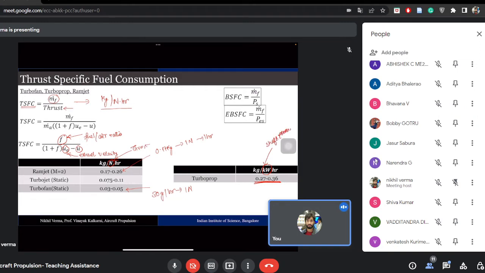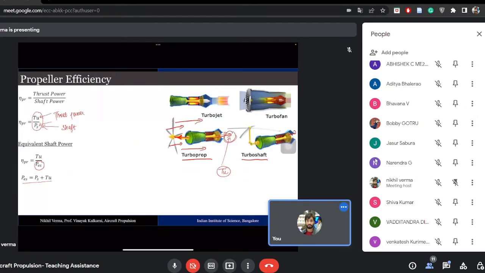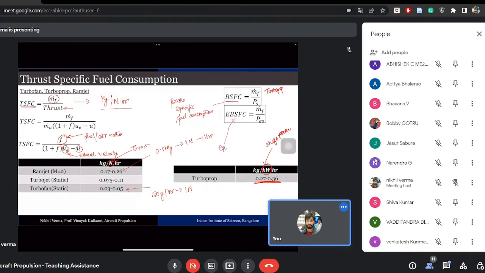So yeah, for a turboprop, we do not define TSFC. Instead, we have something known as brake specific fuel consumption. When we are taking into contribution the exhaust gases also, then it is known as equivalent brake specific fuel consumption.